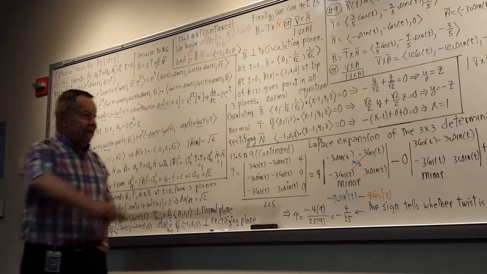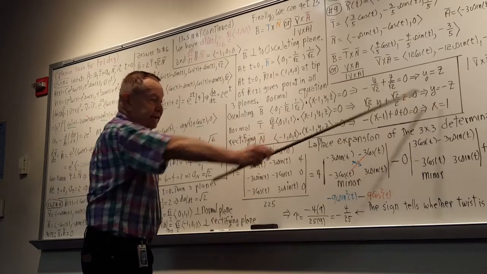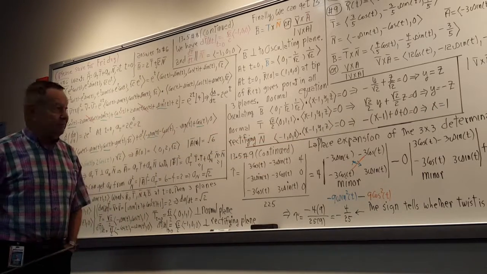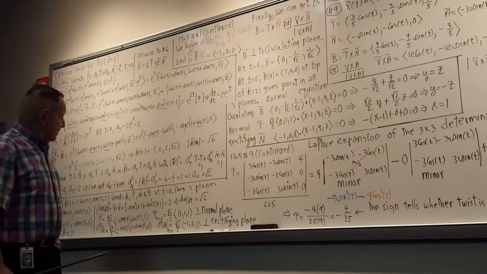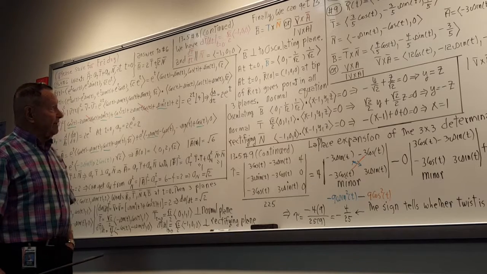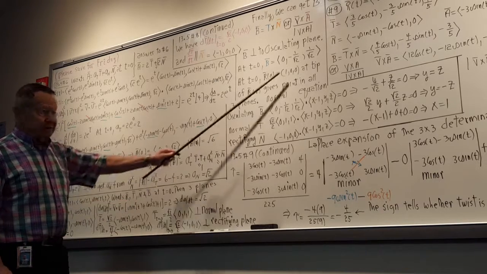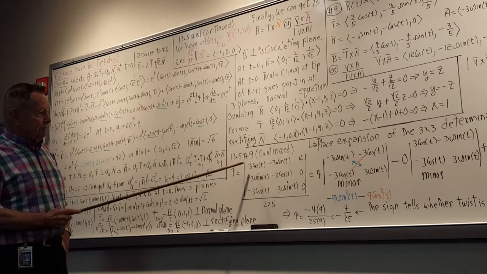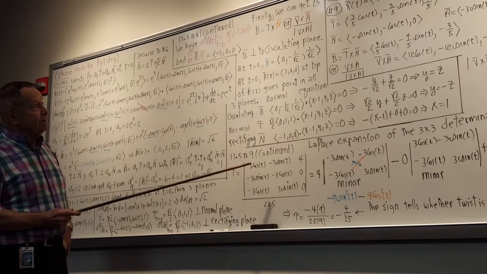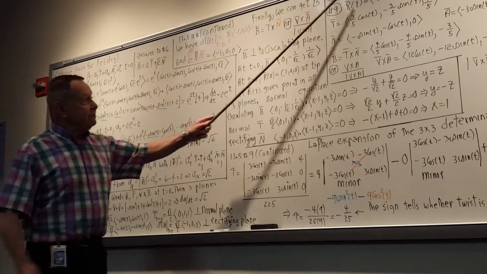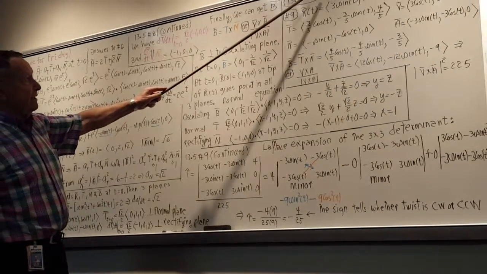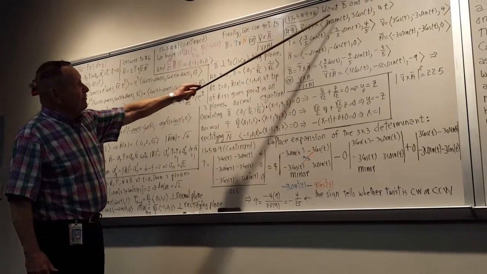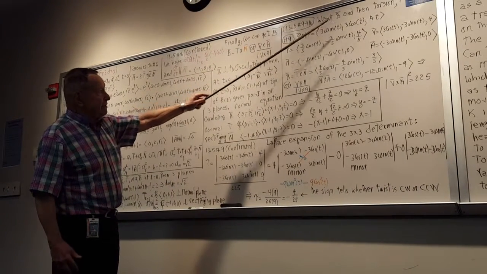So you can have an answer like that, that would be a plane. So problems 7 and 8 want you to do stuff like this. And then 9 wants you to get torsion. So it's over here. Problems 9 through 16 want you to get B and then the torsion.